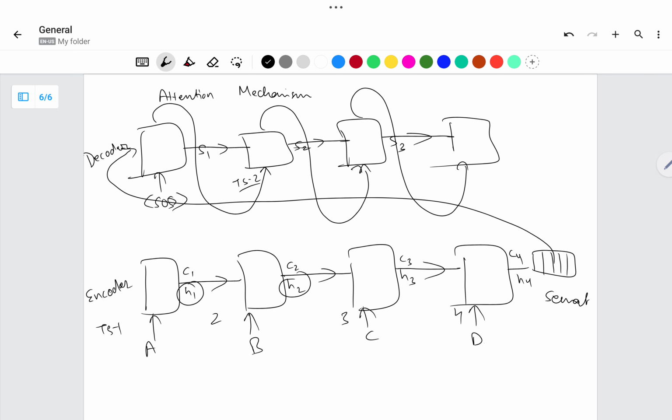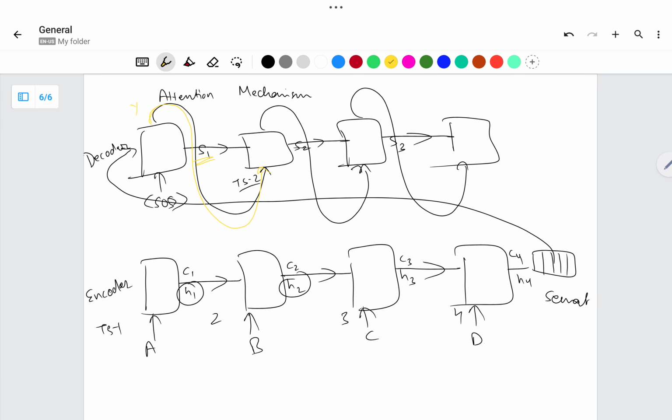Now what we are doing here is, in the case of decoder, we are giving the hidden state of the decoder block that was produced at the previous time step, along with the output of the previous decoder block, as our inputs.